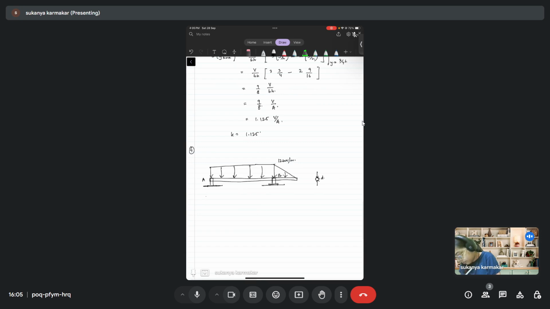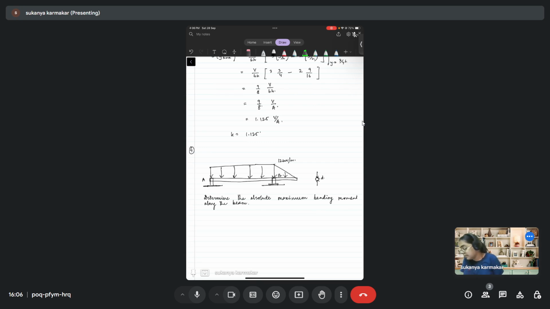So you have to determine the absolute maximum bending moment along the beam.